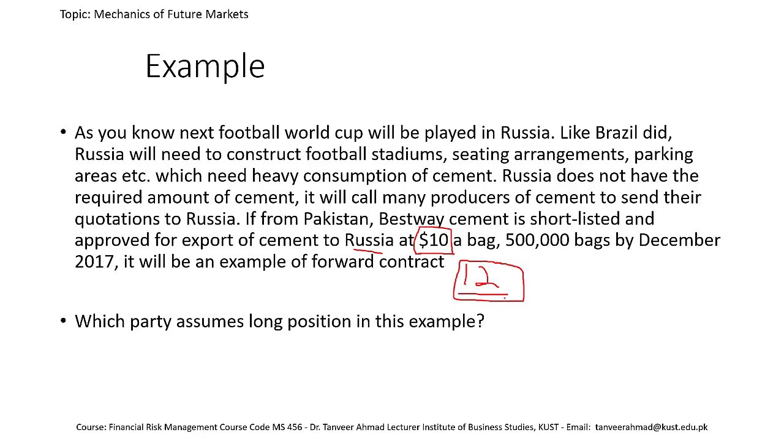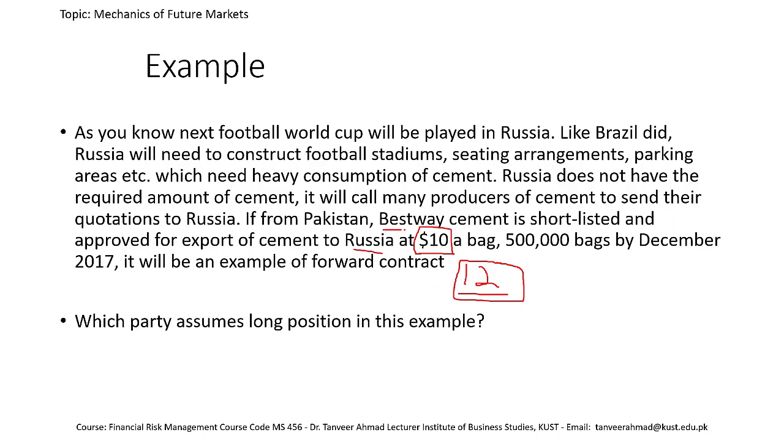So they are buying it at $10 and selling it at $12, making a profit of $2 per bag. So we know that when the price of the asset increases, the long position holder makes money.